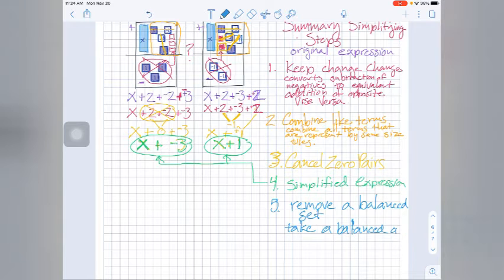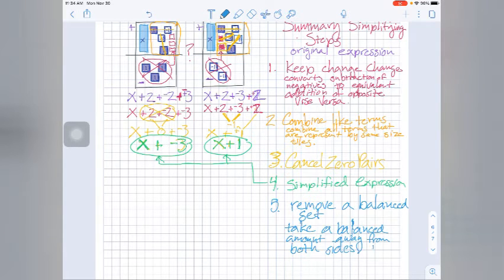You know what? I'm going to write the whole word in. I'm just going to do it down here. Take a balanced amount away from both sides.